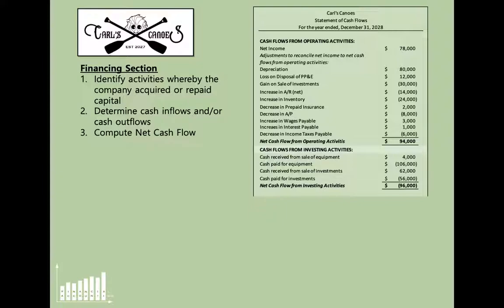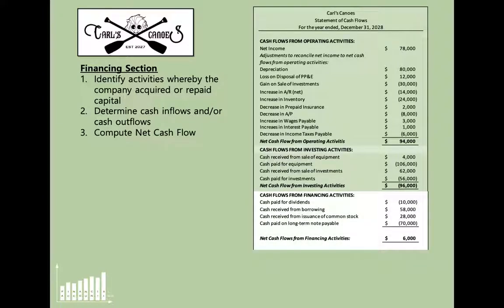So, when we look to build this last section of the cash flow statement, that's how we put it together, much like the previous one. Cash flows from financing activities, cash paid for dividends, cash received from borrowing, cash received from issuance of stock, cash paid on long-term note. The difference between our inflows and our outflows is $6,000.